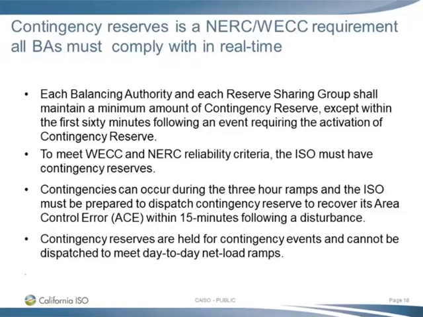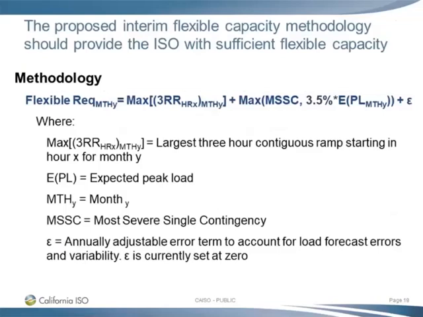So moving on to slide 19. Slide 19 shows the total flex capacity requirement, which has the maximum 3-hour monthly ramp, which we talked about. And then we take the maximum of the most severe single contingency, or, let me take that back, 3.5% of the expected load peak, which is equivalent to 50% of the contingency reserve requirement.